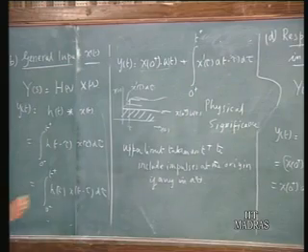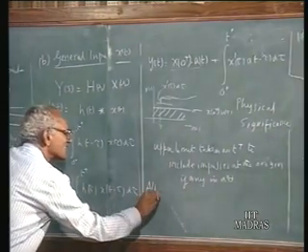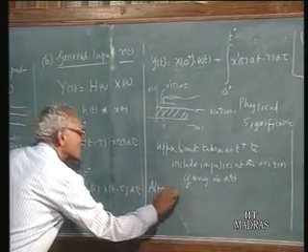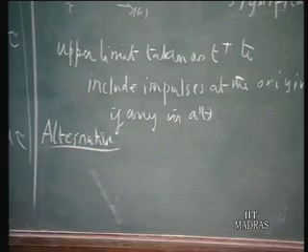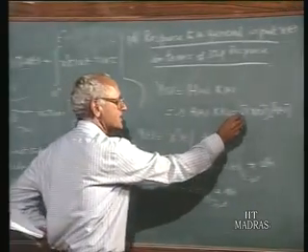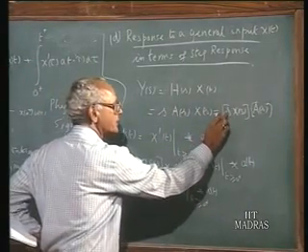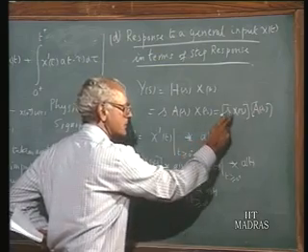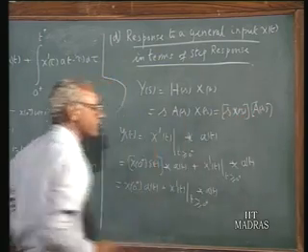An alternative version: after all, I associated this s with x of s. I could have associated s with A of s instead of x. So it means I could have written X(s) times s times A(s).